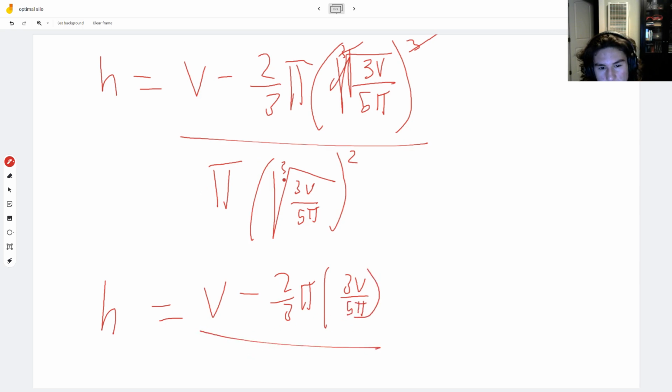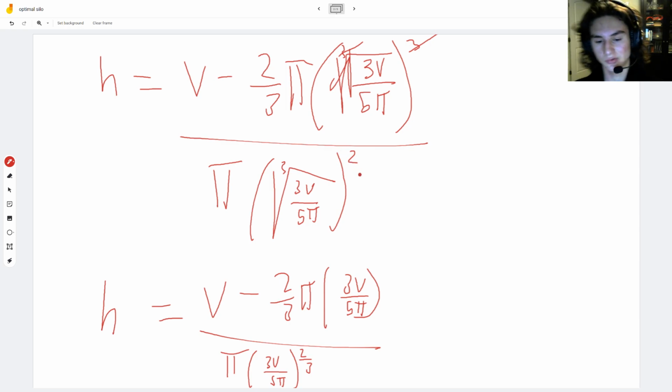And then we have pi times this, which I'm going to distribute out to be 3v over 5 pi times 2 over third. Because that's 1 over third, and 2 times 1 over third is 2/3.